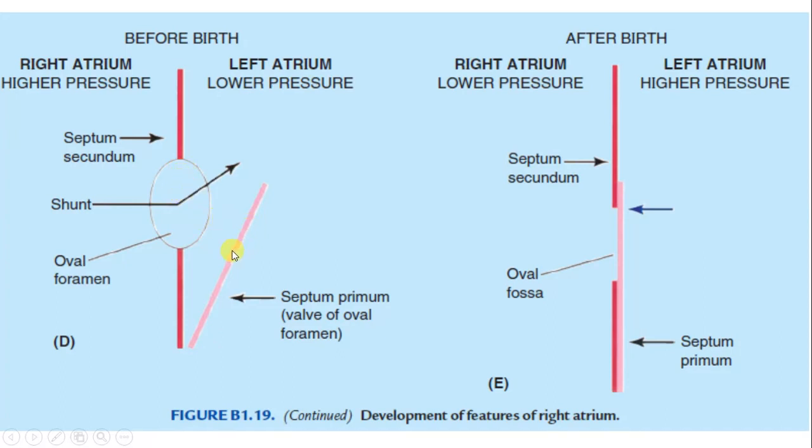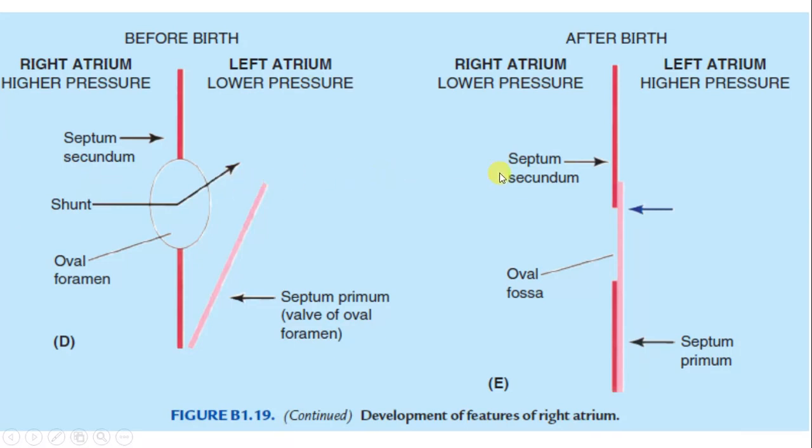Here is the septum primum and this is the septum secundum. There is a foramen in the septum secundum, and septum primum acts like a valve. So one-way flow from the right side to the left side is maintained before birth, because the whole oxygenation and nutrition come from the right side before birth in the uterus through the umbilical veins.